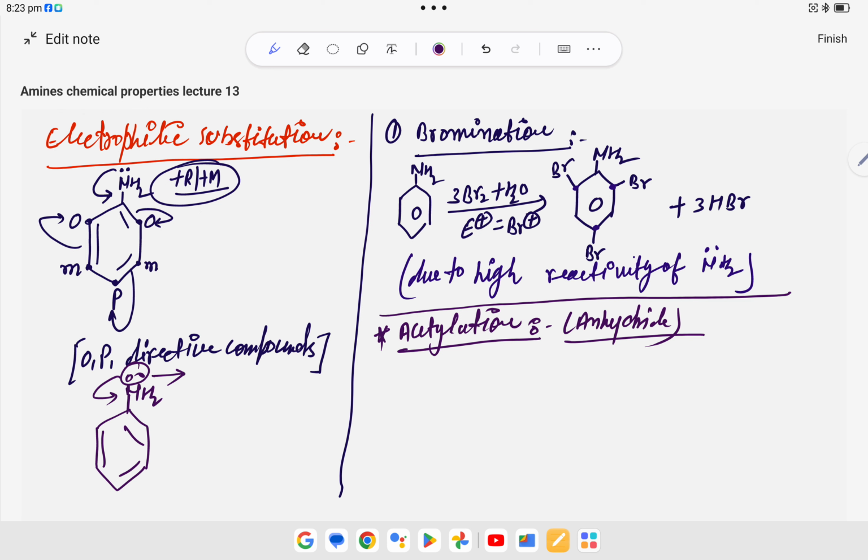So check it here. This is our aniline and lone pair, acid anhydride CH3CO, C double bond O, in the presence of pyridine.